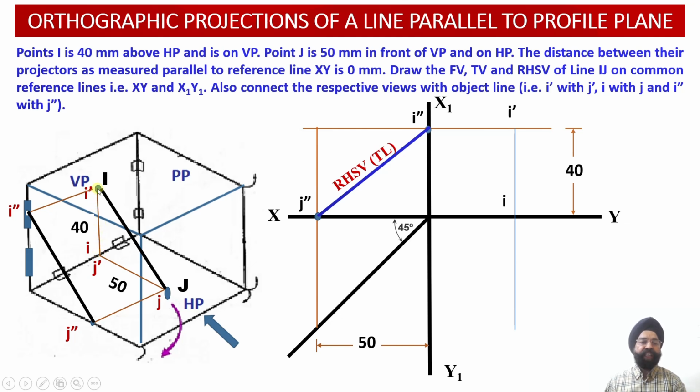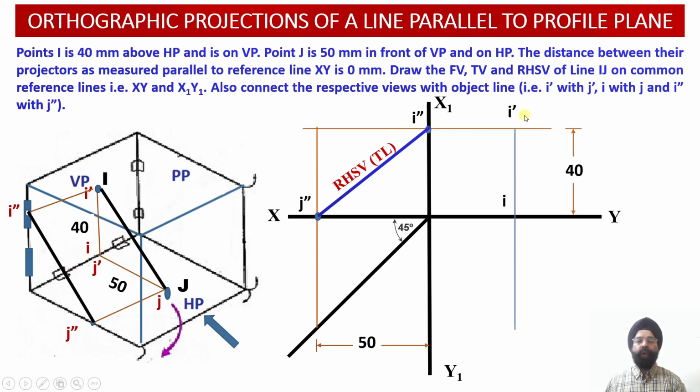Any point which is contained by the vertical plane will be located onto the XY reference line. So point I dash is located 40 millimeter above the XY reference line, whereas point I, since it is contained by the vertical plane, will be located onto the XY reference line over here.